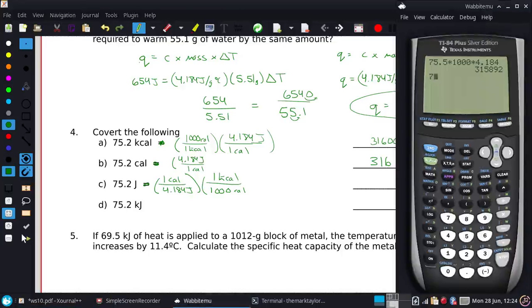And 75.2 divided by 4.184, and then divided by 1,000. It's going to be a small number. 0.0180.